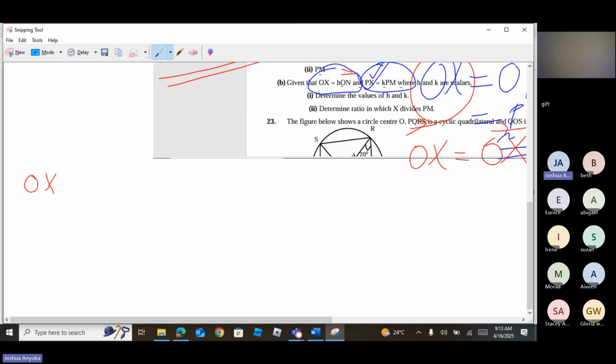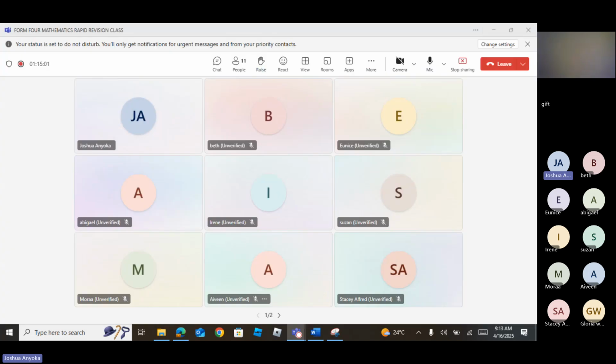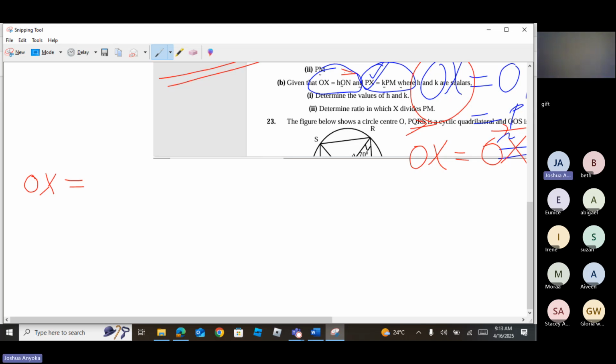I want to check those who are writing. The first way to get vector OX, where we head in terms of H, is what? I want to choose one person here. I want to choose Abigail. You will guide me now. One way, OX is equal to what?